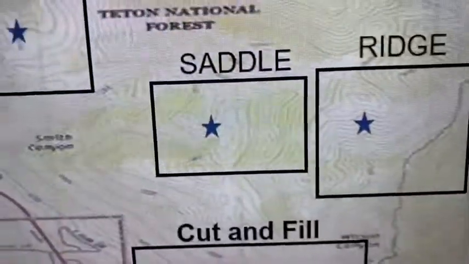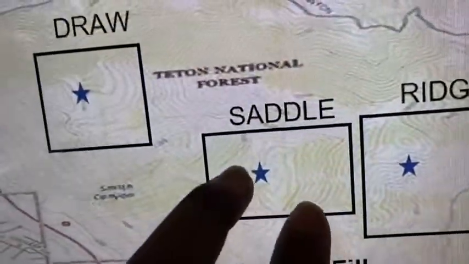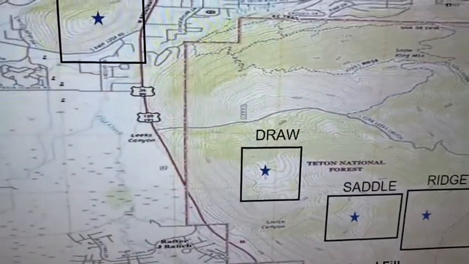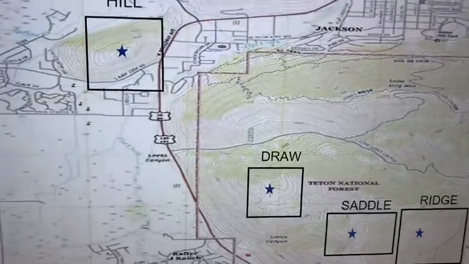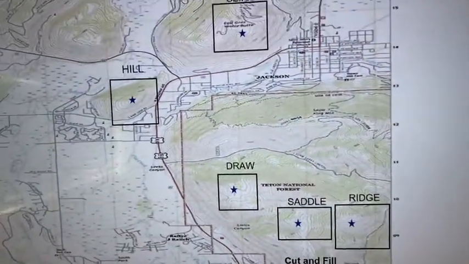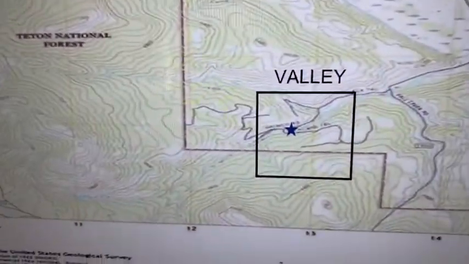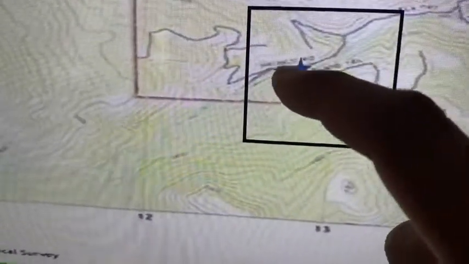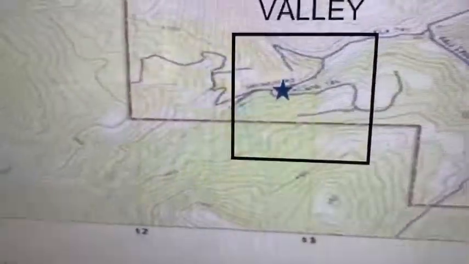So if you look at this demonstration right here, you can see the 2 mountaintops on there and identified where the saddle on that was. The next one we're going to be looking for is a valley. All right, here you can see all the contour lines pushing away and it's forming this valley right here.